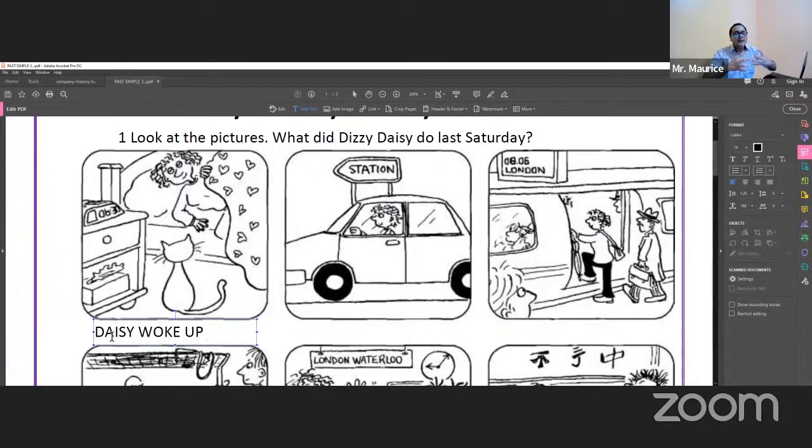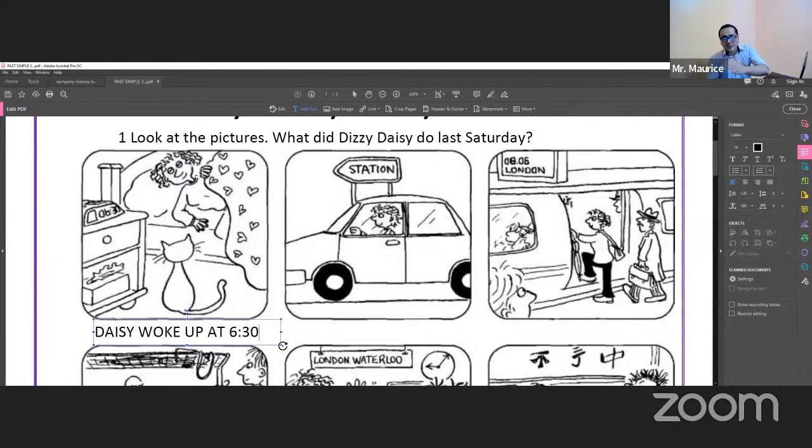And then I'm going to give more details. Daisy woke up at 6:30. You see? Period. Esto es lo que usted tiene que hacer. Describirme cada una de estas imágenes en pasado. Lo que acabo yo de escribir dice: Daisy se despertó a las 6:30.